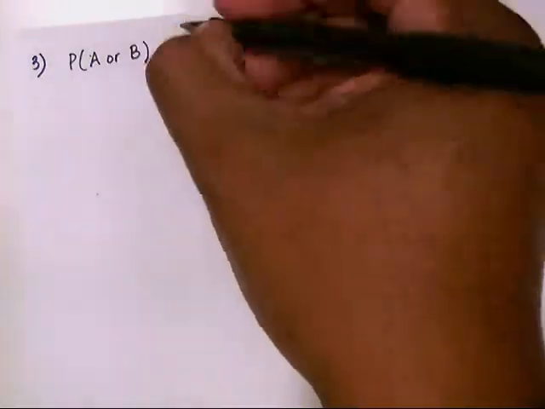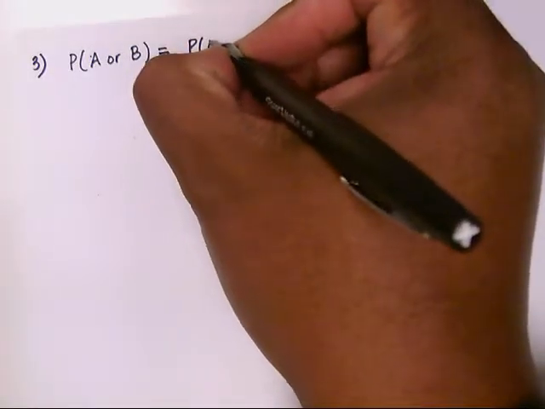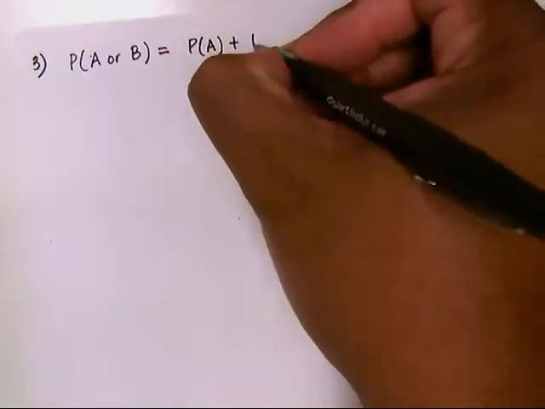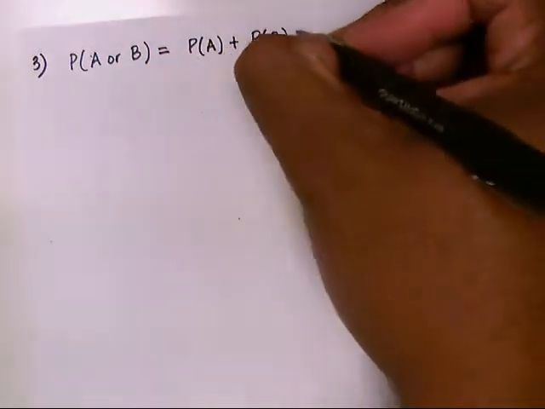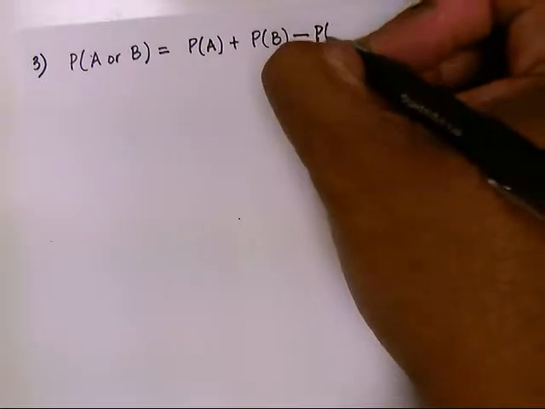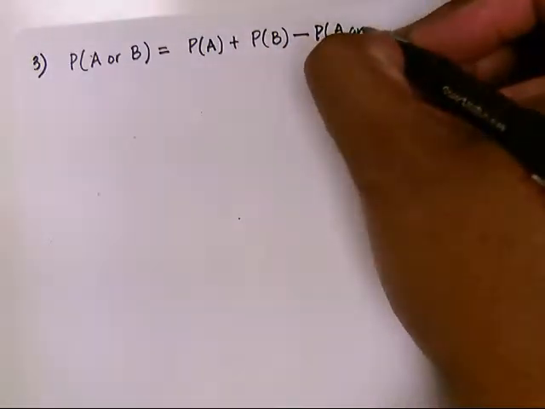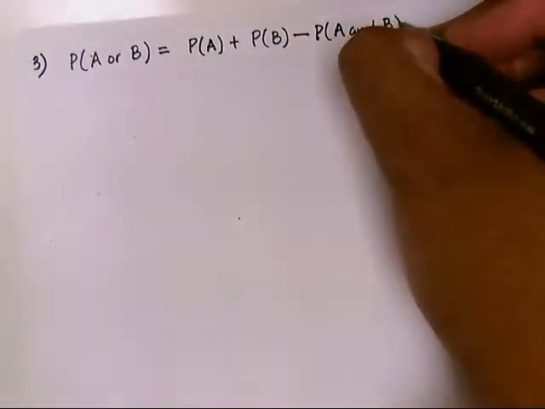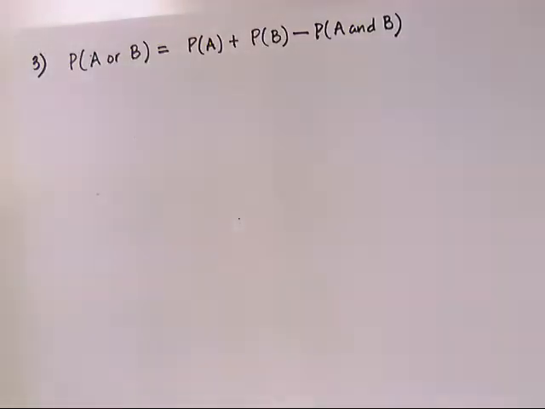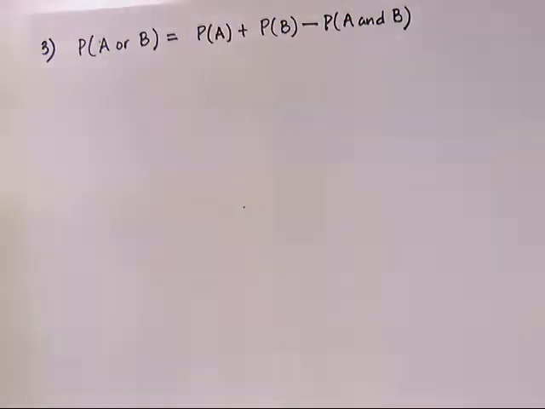So it's A or B. That's going to be the probability of event A occurring, plus the probability of event B occurring, and then we have to subtract off where we get a probability of event A and event B occurring.